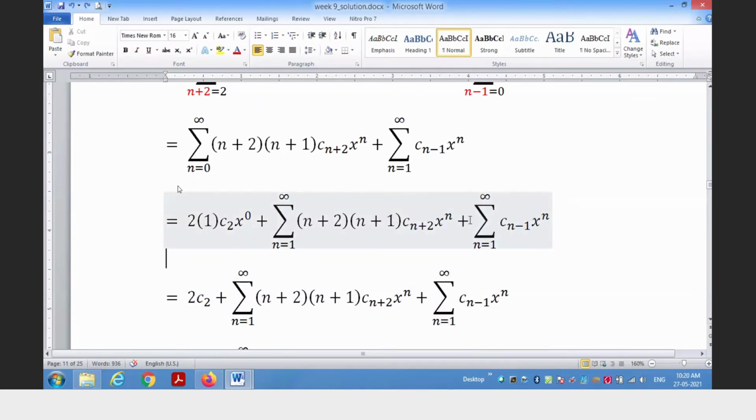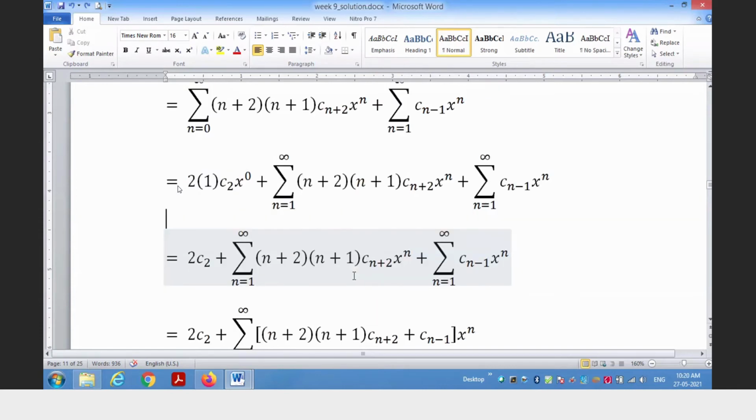You don't have to do anything for the second summation; it remains as it is. Now simplify this: 2 times 1 gives you 2, c_2 x to the power of 0 equals 1, so you have 2c_2.